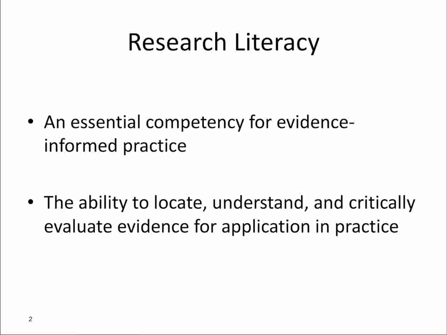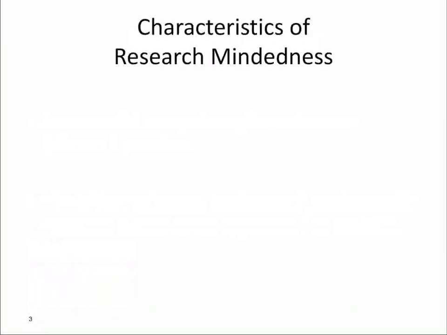One thing that we all have to understand, and this is in box 1.1 as well of your textbook, is that research literacy is simply a component of a much larger concept called research mindedness. There are several characteristics of being research minded, and as practitioners, we have to be research literate, but we also have to be research minded.